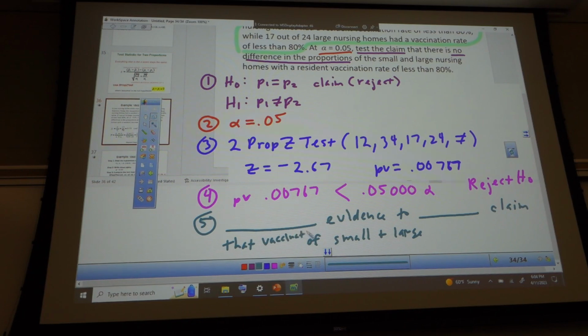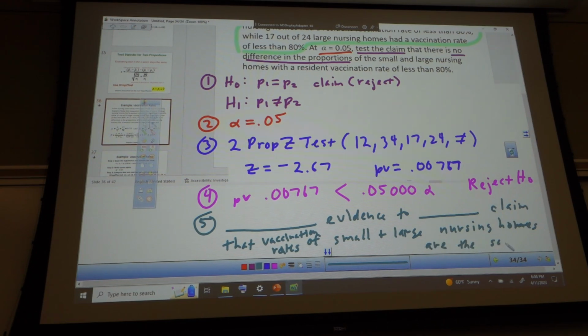Vaccination rates of small and large nursing homes are the same.